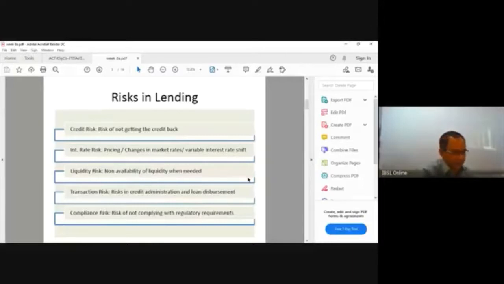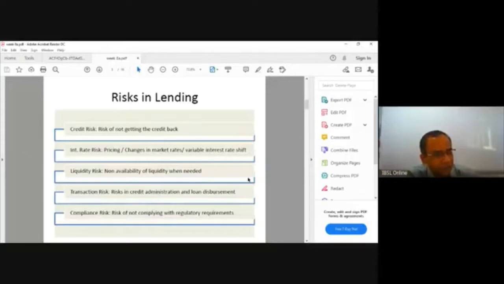That's why treasury needs to know what's really happening in deposits, what's really happening in lending, and the pattern. They will analyze at least on a monthly basis and make the arrangements, but on a daily basis they will be following up the position. So that's about the liquidity risk.